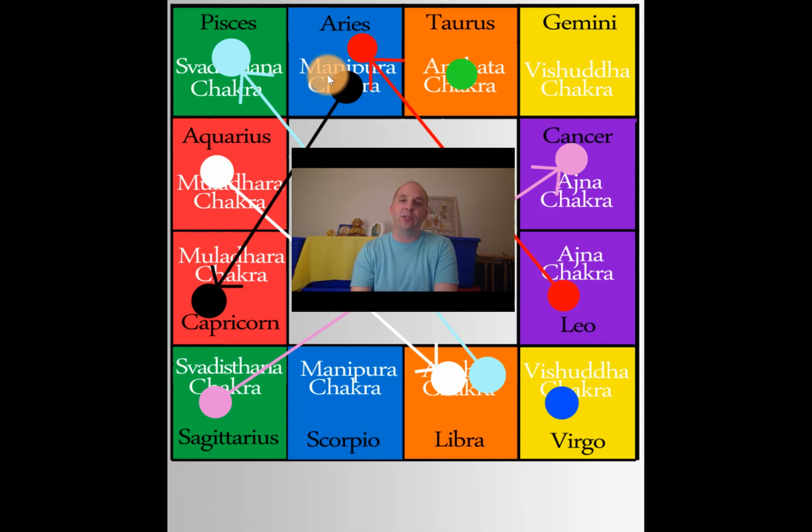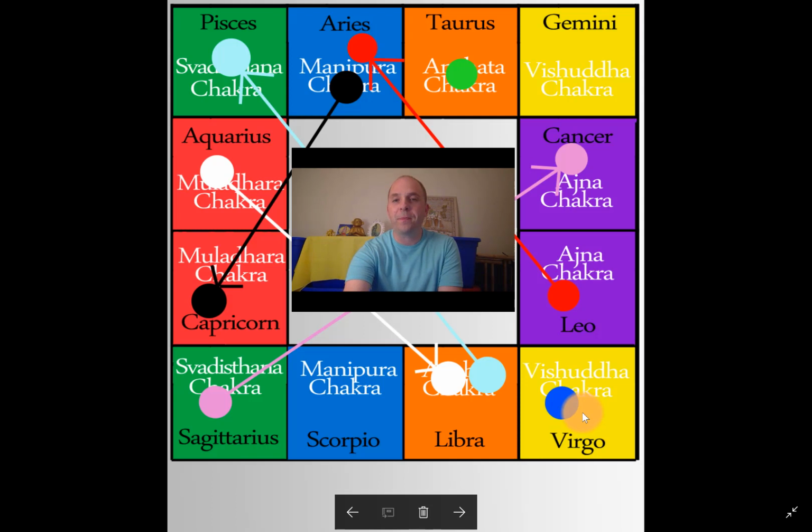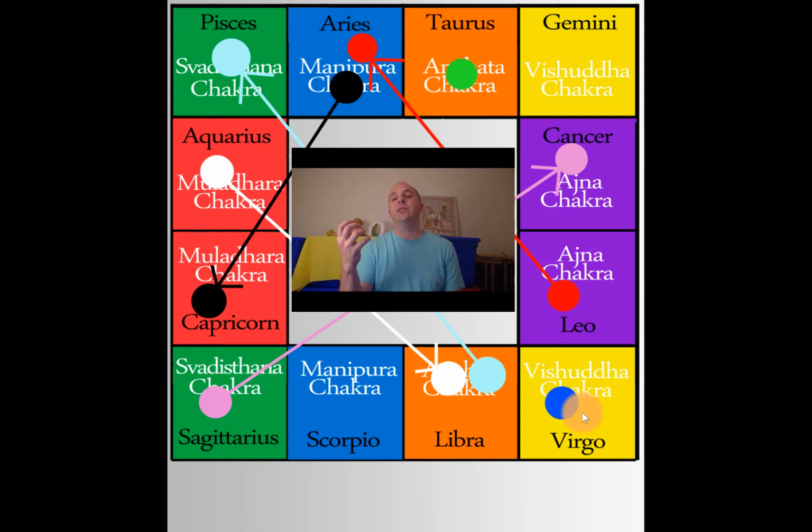Now, the next planet in the natural order of the zodiac is Mercury. Just like the moon, Mercury is actually said to be the child of the moon, and Mercury's moolatrikona, where he derives his energy, is in Virgo, and his exaltation place, the best place to use that energy, is in Virgo. So what is the Vishuddha chakra?